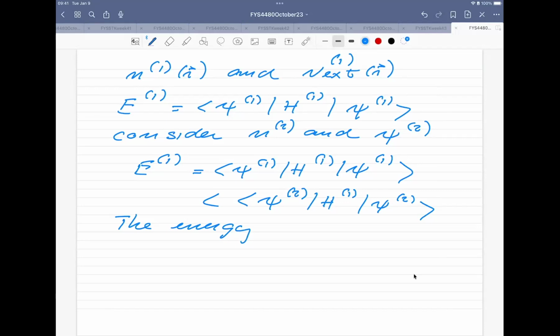And we have assumed that n1 and psi1 are the ground state density and ground state wave function. So that means that if I have another one which corresponds to another density, then clearly this energy has to be different. And we have assumed that we have a non-degenerate ground state. Okay?